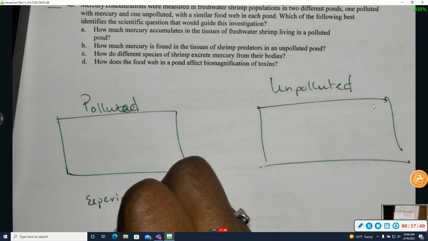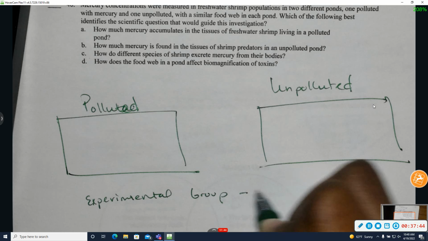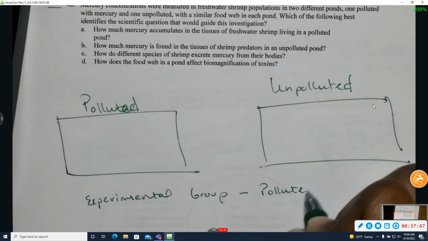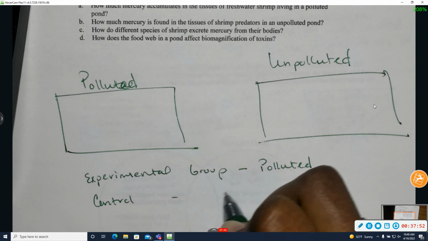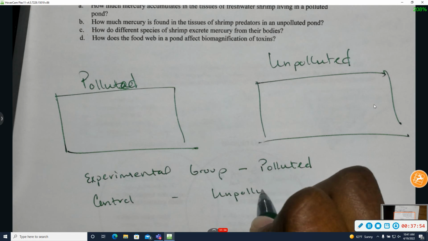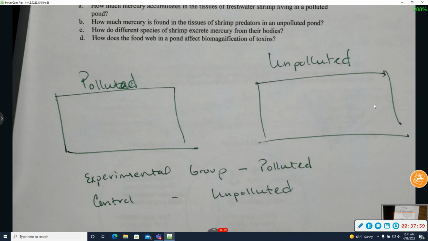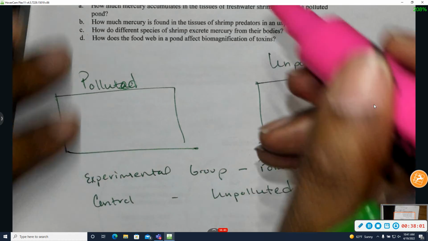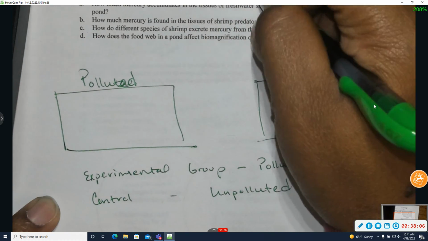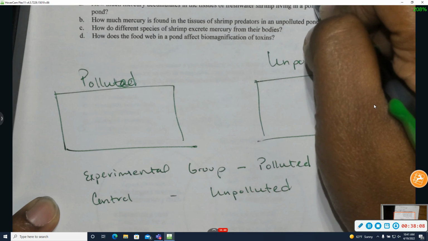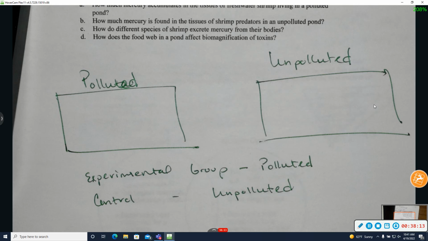So the experimental group is going to be the polluted pond. And my control, the one that I'm going to compare to, is my unpolluted pond. And so you're going to have a similar food web. That's a constant right there. So what's kept constant? The same food web.